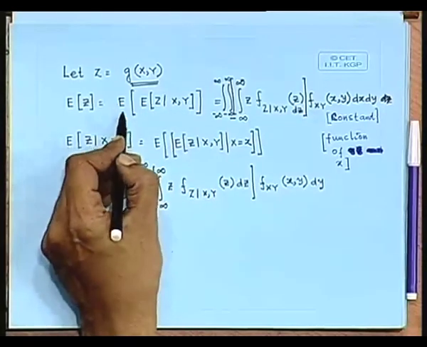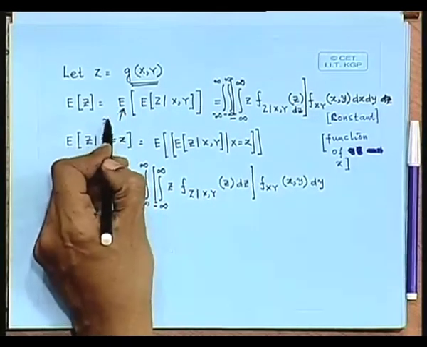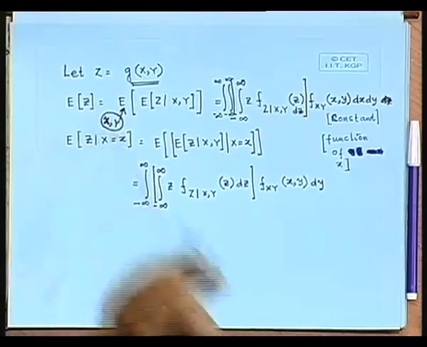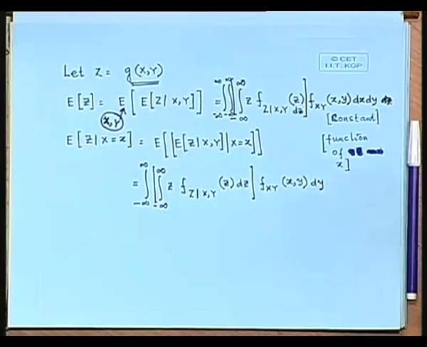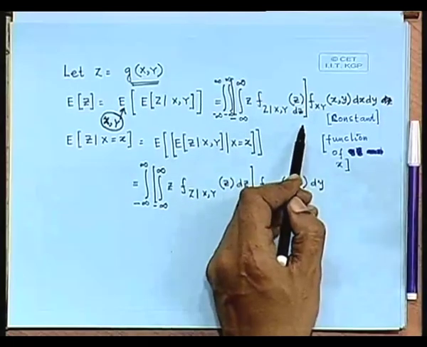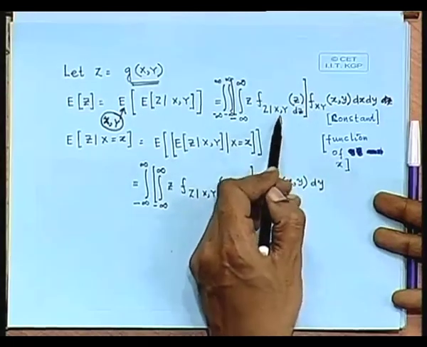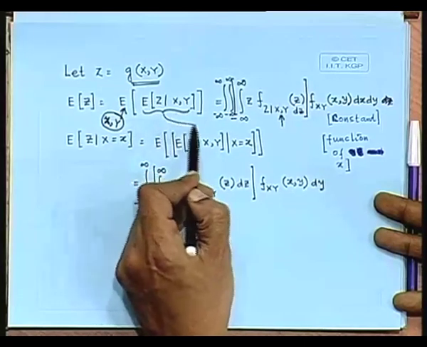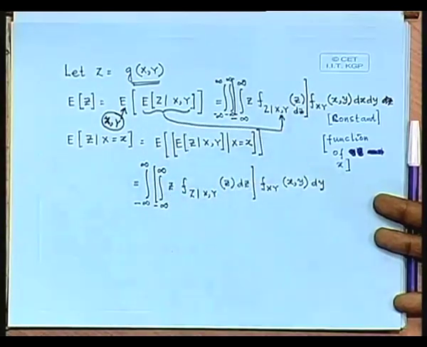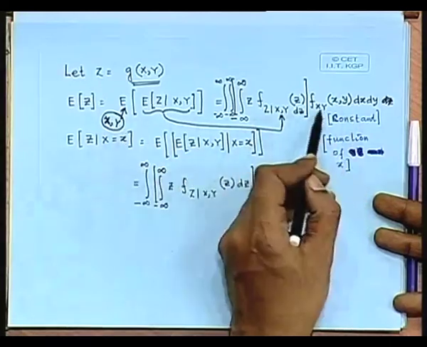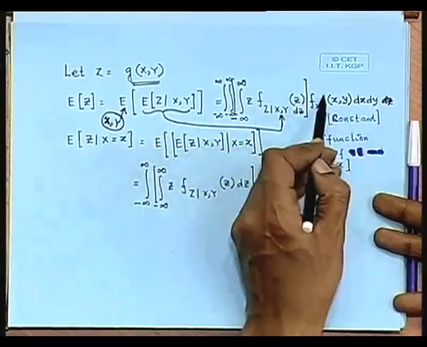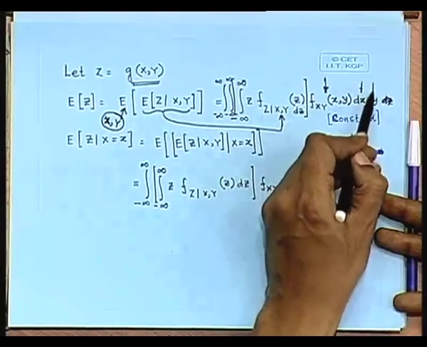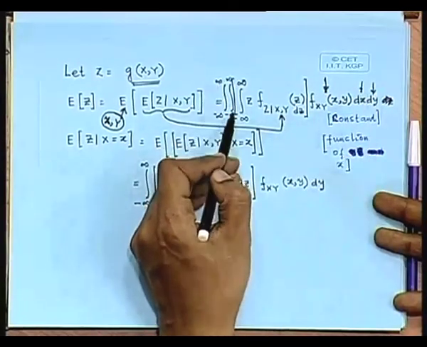Same rule we are applying, only this expectation is now over x and y both. This is my conditional expectation, and then I am taking the joint expectation over x and y. So, I multiply by the joint distribution, by dx dy, and integrate from minus infinity to plus infinity.